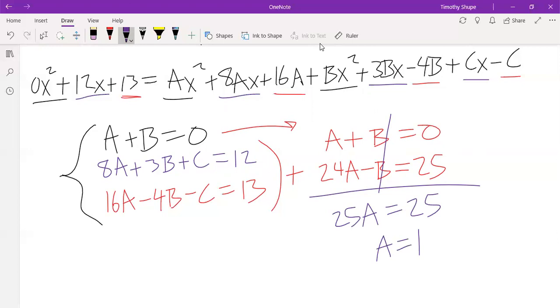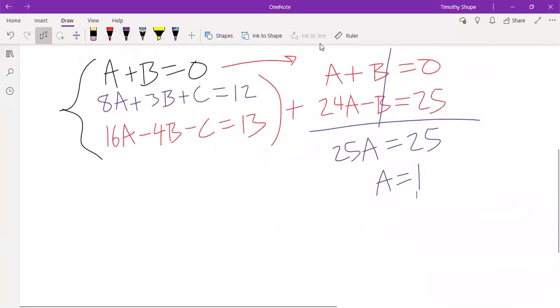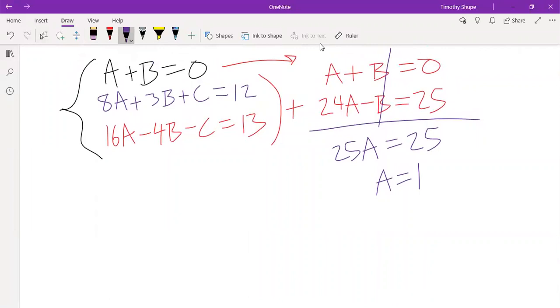So then I know what A is. I can substitute that back in to get B and C. A plus B equals 0 would mean that our B value is negative 1, because 1 plus negative 1 would give us 0. And I'm going to choose the second equation to plug back in to get our C value.